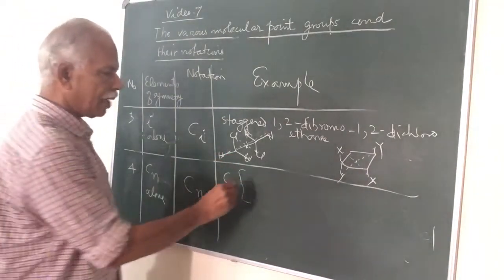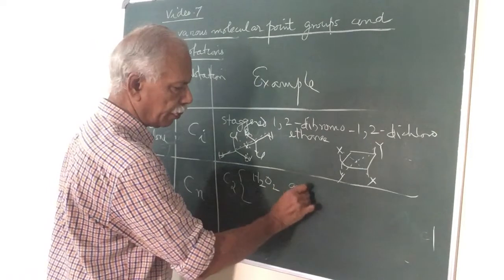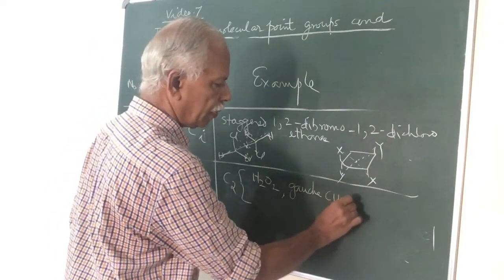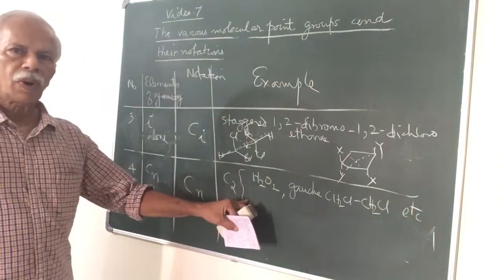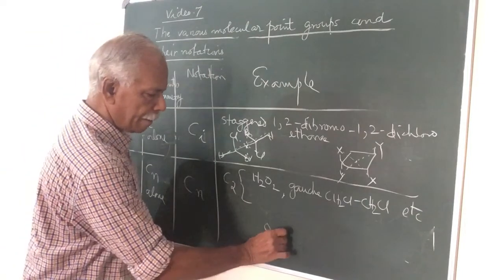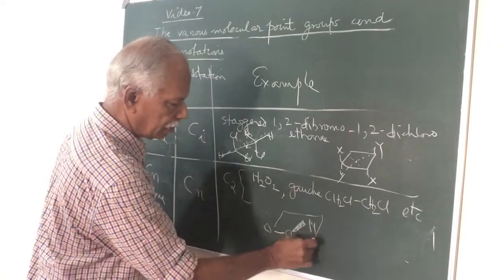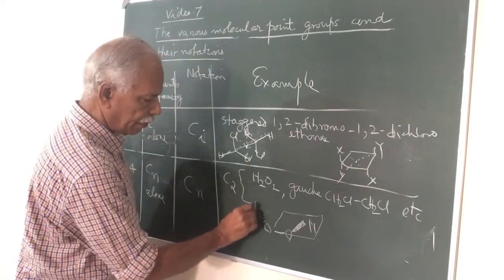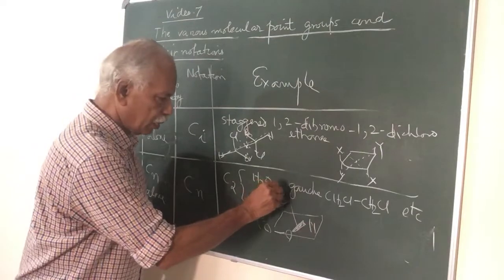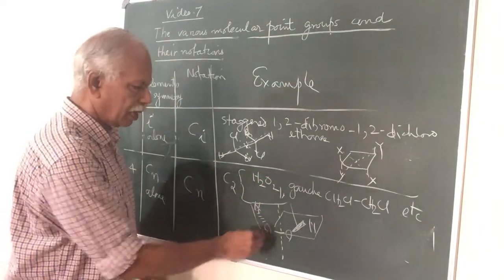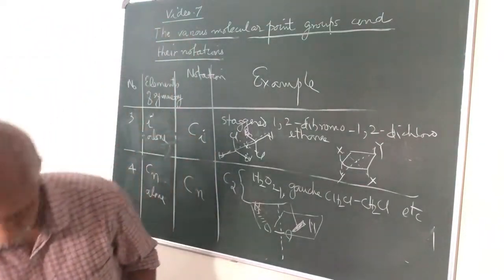Examples are hydrogen peroxide, gauche CS2Cl, CS2Cl, etc. The open book-like molecule hydrogen peroxide has one hydrogen in one page like this, and another hydrogen flat on another page in this manner. And the C2 axis is bisecting the dihedral angle. Dihedral angle is around 111.5 degree.